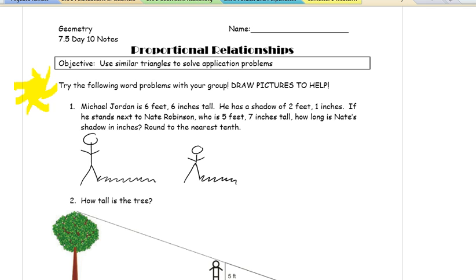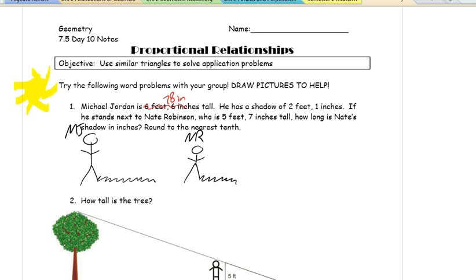So, Michael Jordan. So MJ's over here. Nate Robinson's over here. Michael Jordan is 6 feet 6 inches tall. So, 6 times 12 is 72, plus 6 inches is 78 inches.